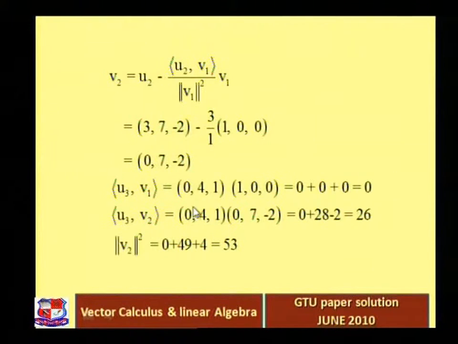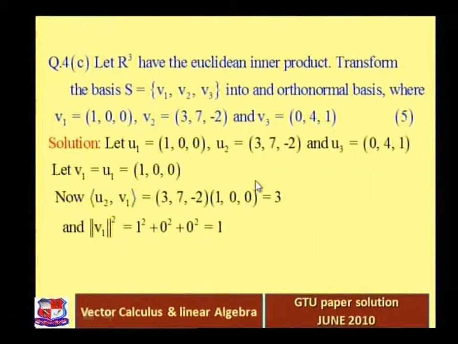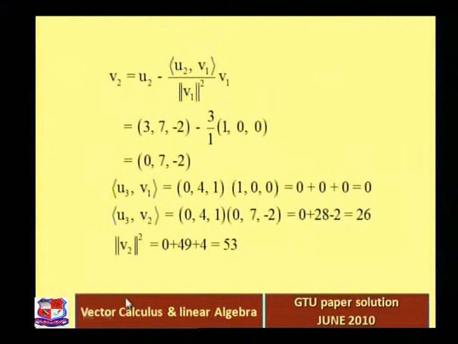So you will get 0 for inner product u3 v1. Then inner product u3 v2 is the dot product 0 4 1 into 0 7 minus 2. So 0 into 0 is 0, plus 4 into 7 is 28, plus 1 into minus 2 is minus 2, that is equal to 28 minus 2, which is 26.